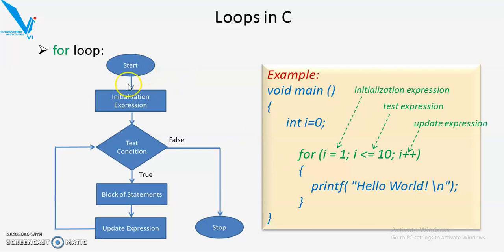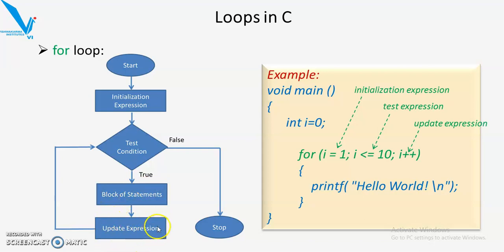Once the program starts and the for loop starts, first it will initialize the expression, then we have the test condition. Here the test condition is satisfied, then the block of statements written inside the for loop is going to be executed.